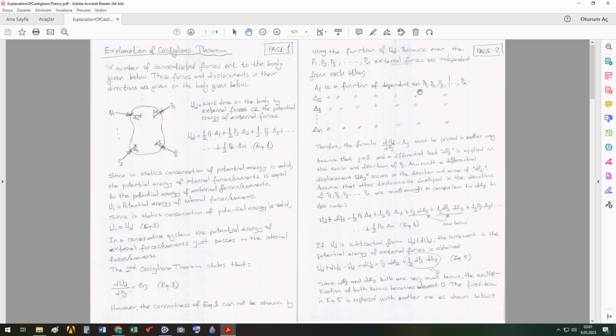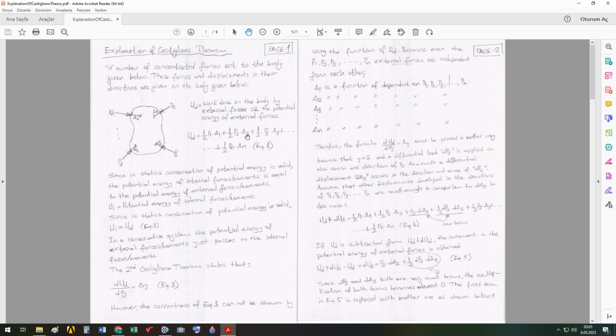Delta 1 is a function of, or dependent on, sorry, there is a grammatical mistake here. Delta 1 is a function of, or dependent on, P1, P2, P3, Pn, all forces. Here you see these are independent from each other, P1, P2, P3, but delta 1 is dependent on all P's.